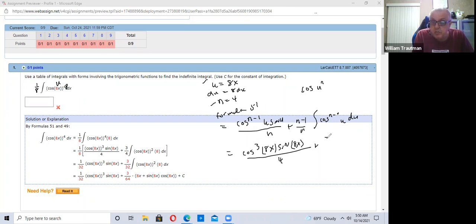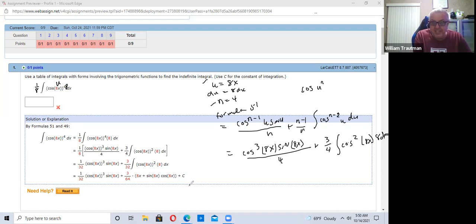Plus n minus 1, which is 3, and over n is 4, integrating cosine of n minus 2. So 4 minus 2 is 2. U is 8x. And du is 8 dx. You can see that over there on the sine.